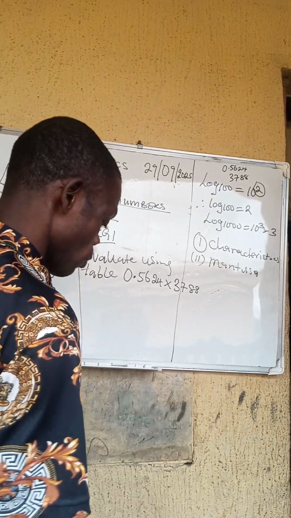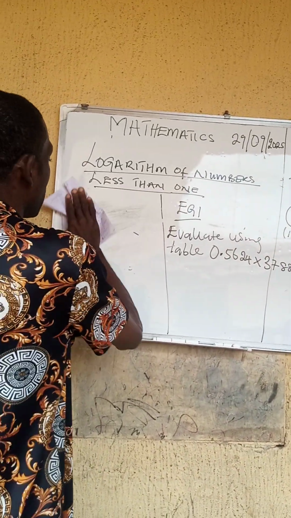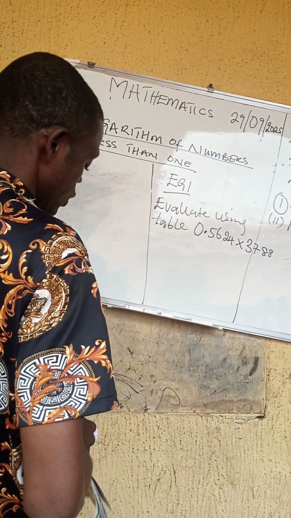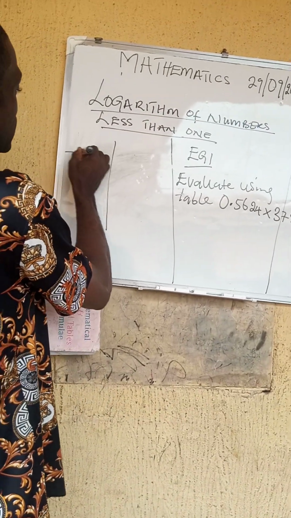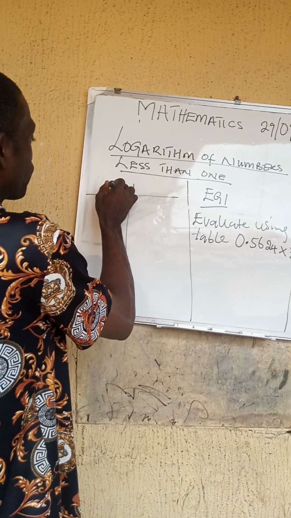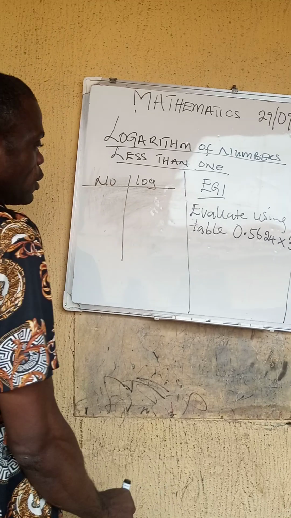We want to evaluate this number using a table. So let's see how we can do that. We have known our normal procedures. The normal procedure is, I will now draw the line and write the number and the log.